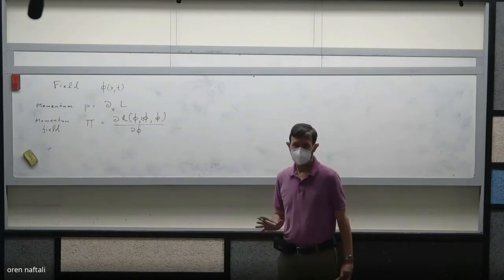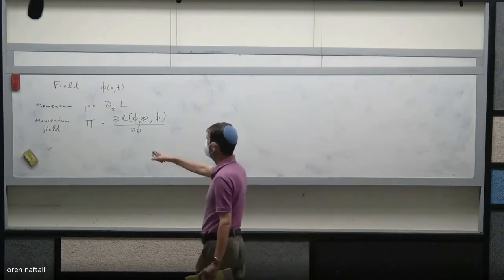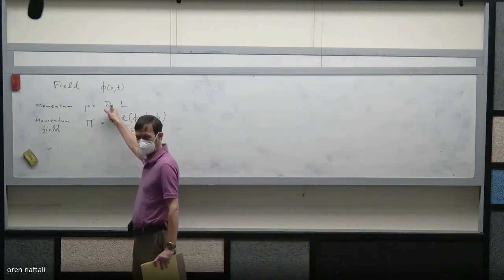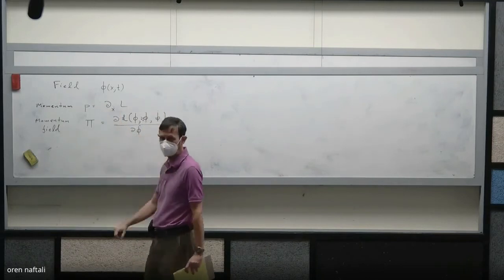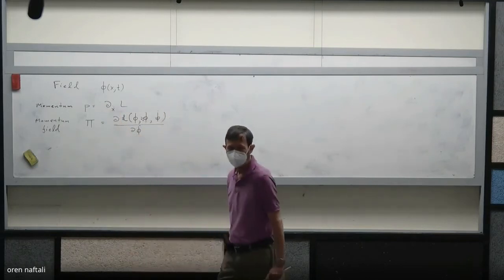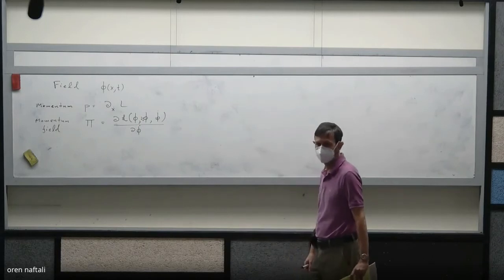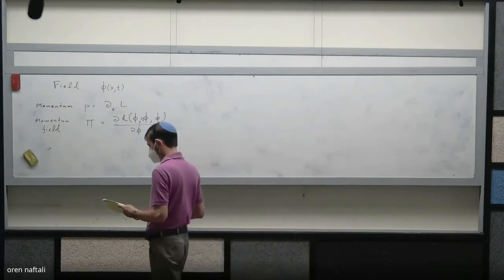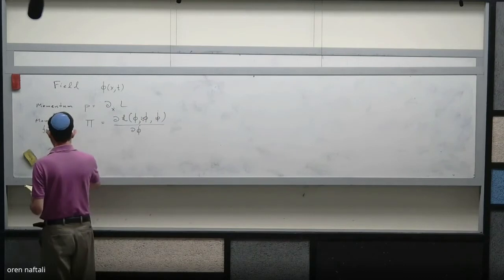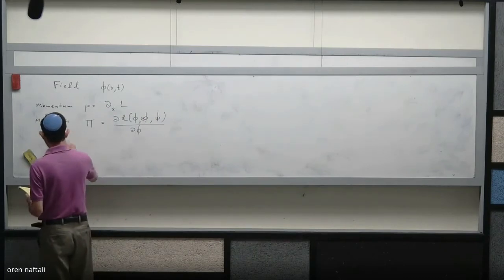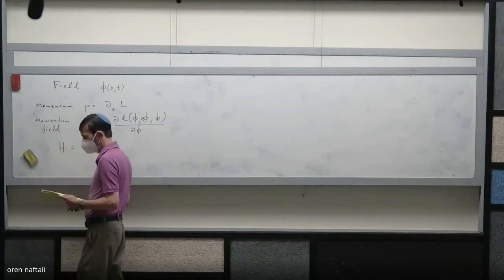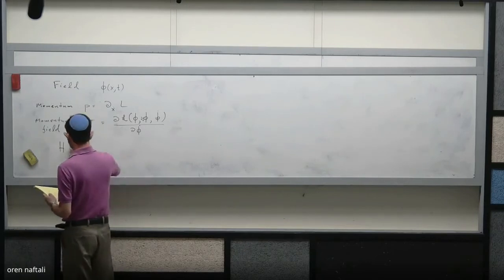Same structure: I take the Lagrangian and take the derivative, instead of according to x dot, according to phi dot. So the Hamiltonian, same definition, which would be a function of phi.